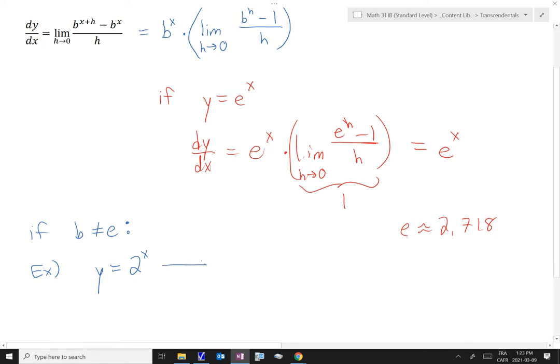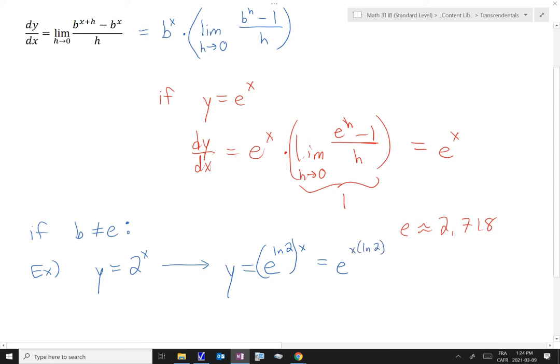So if y equals 2 to the power of x, this is the same thing as y equals e to the power of (ln 2) x, because e to the power of the natural log of 2, because e and the natural log are inverse functions of each other, is just 2. So now this is the same thing as e to the power of x ln 2.